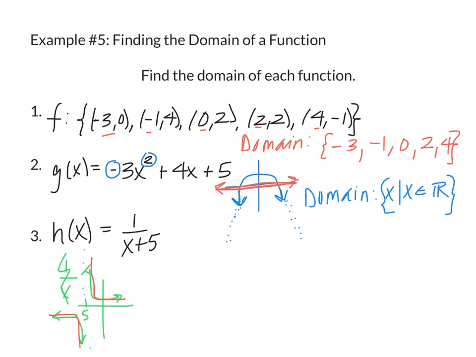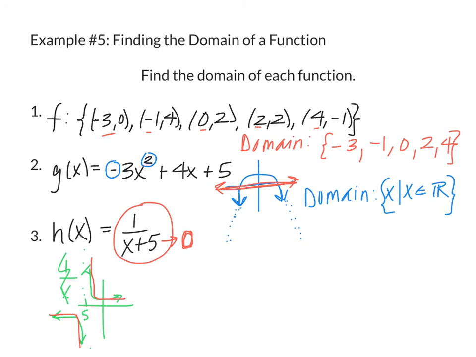So for me, what that tells me is that it's all real numbers, but where it drops off is my exclusion. Another way we can think about it is from the definition that was given a moment ago, that the domain excludes values that would cause division by 0. What could force division by 0 is if the denominator ended up being equal to 0.